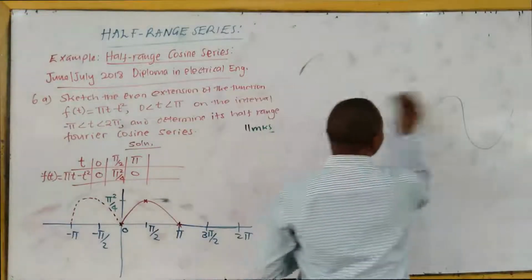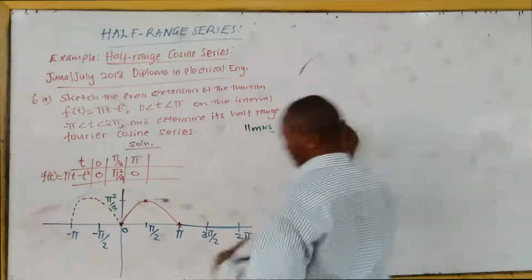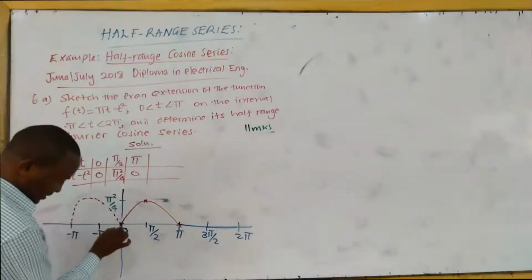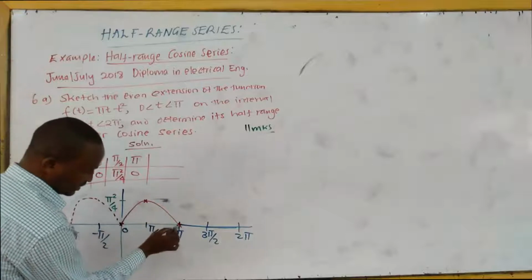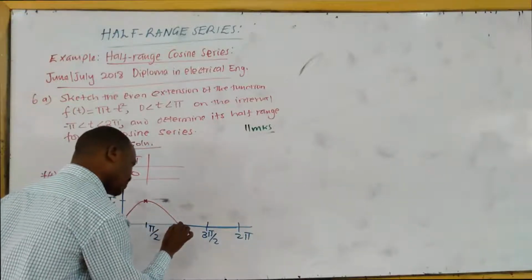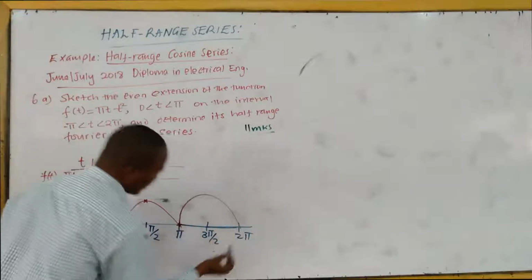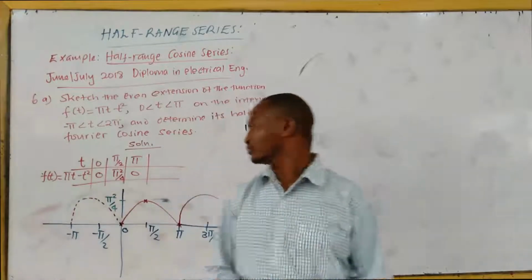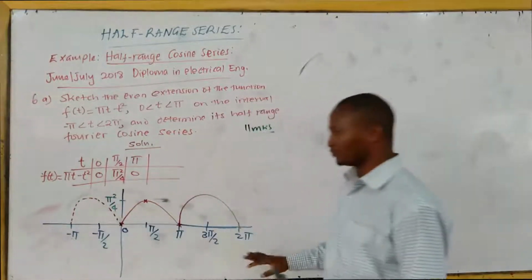So we are going to repeat the second cycle. It's starting like this, and we have ended. So we are going to start again, like that. That is our function from negative pi to 2 pi.